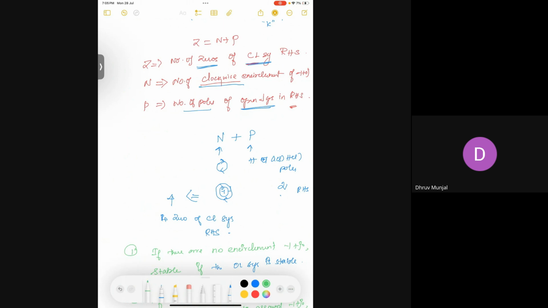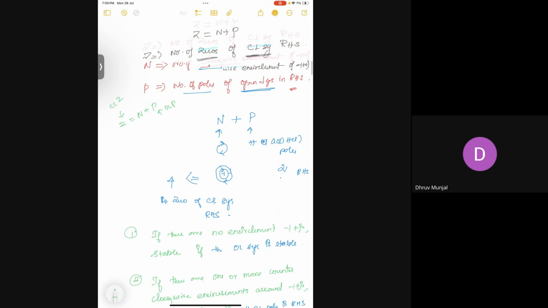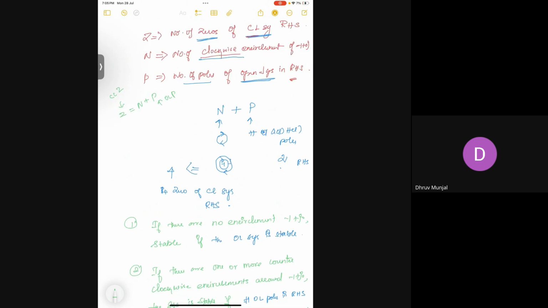See, Z is equal to N plus P, right? Where Z is the number of closed loop zeros and P is the number of open loop poles. Ma'am, sir told us it's N is Z minus P. Either way you can consider.